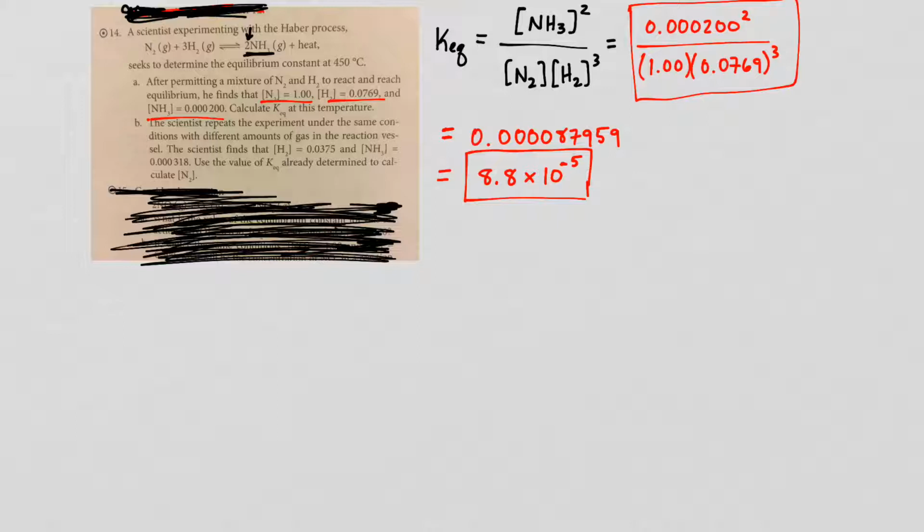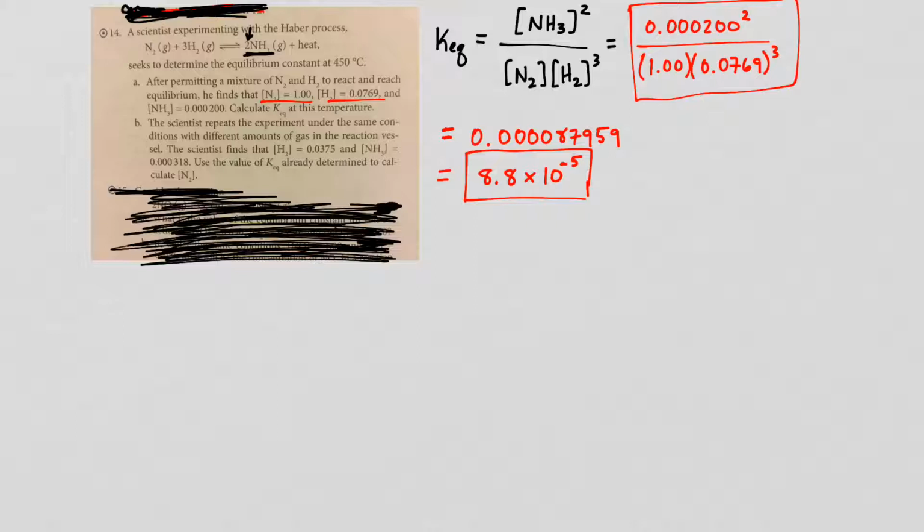The second part says that the scientist repeats the same exact experiment under the same conditions with different amounts of gas in the reaction vessel. The scientist finds that the concentration of hydrogen gas is 0.0375 and the concentration of ammonia is 0.000318. Use the value of KEQ already determined to calculate N2.